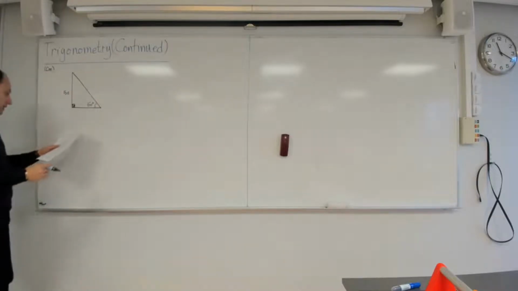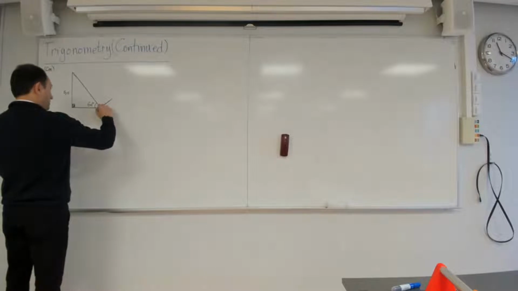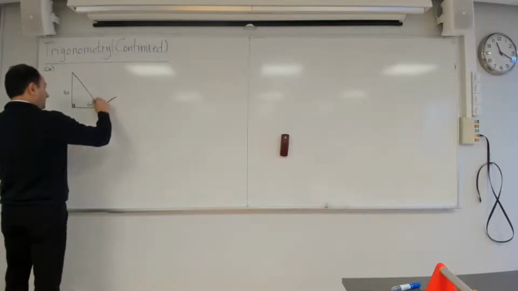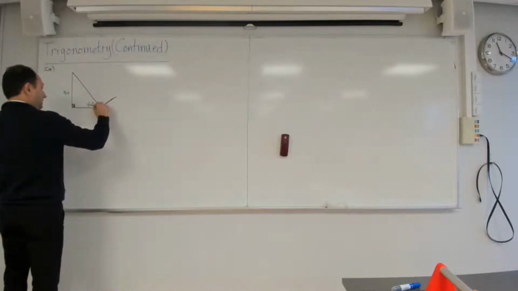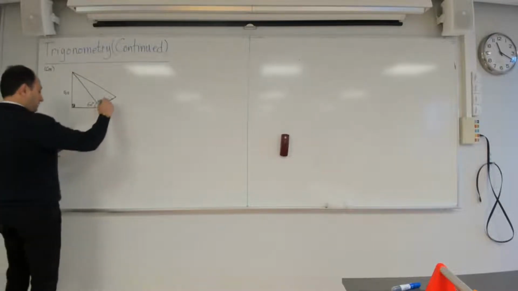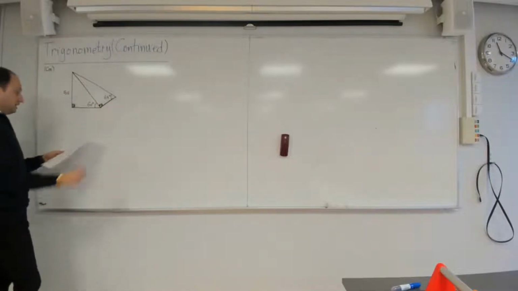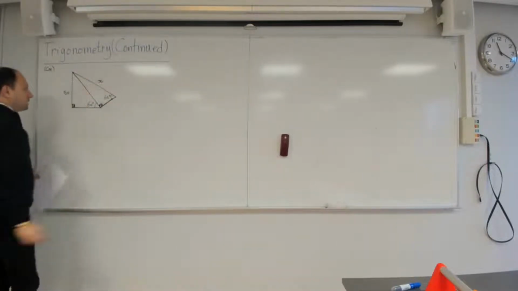Then I have another right angle triangle here. This is 90 again. And this angle was given to be 65 degrees, and this was my x.